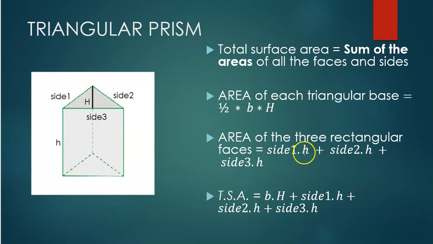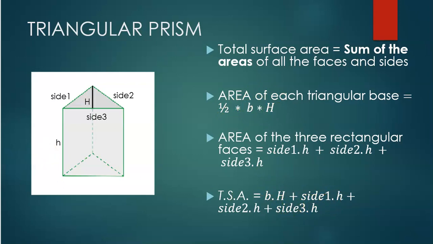So it will be side 1 times h plus side 2 times h plus side 3 times h, giving us the total surface area to be the sum of all the areas of the faces, which would be side 1 times h plus side 2 times h plus side 3 times h plus twice the area of each triangular base, which is twice half base times capital H, which becomes base times capital H plus the sum of the areas of all the sides.